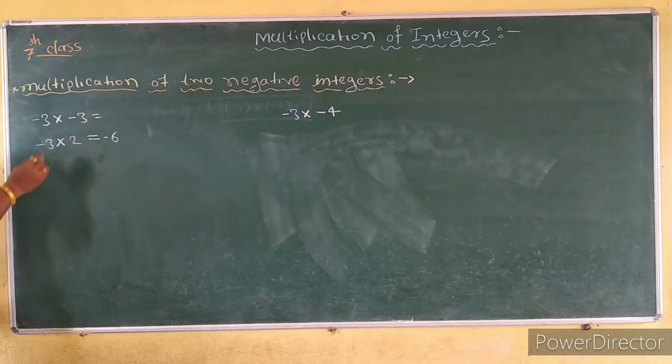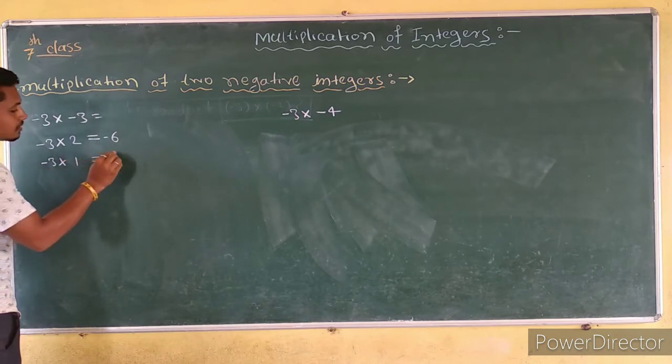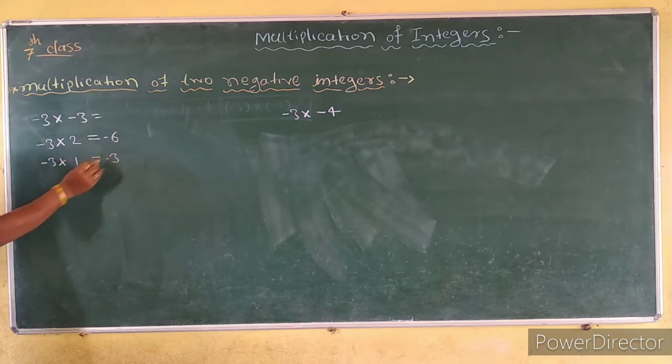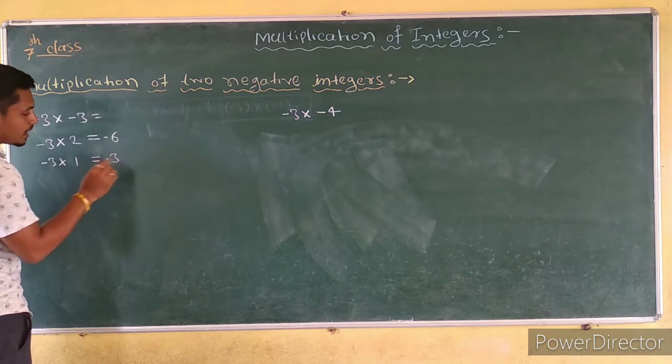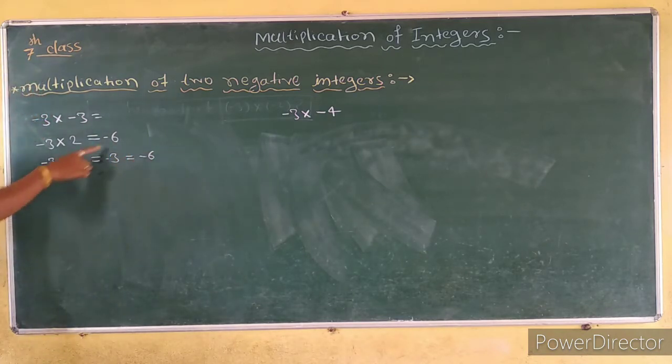Is it right? Next, minus 3 into, after 2 we have to write 1. Is it right? Next, 3 ones are 3, so minus 3. So minus 3 is equal to minus 6 and minus 3.